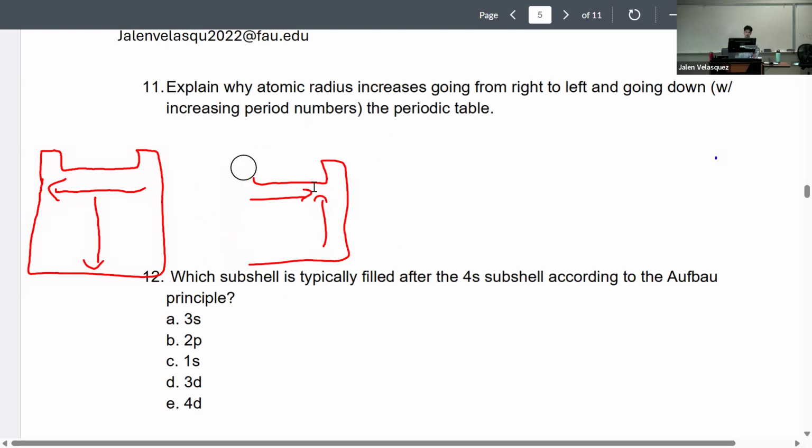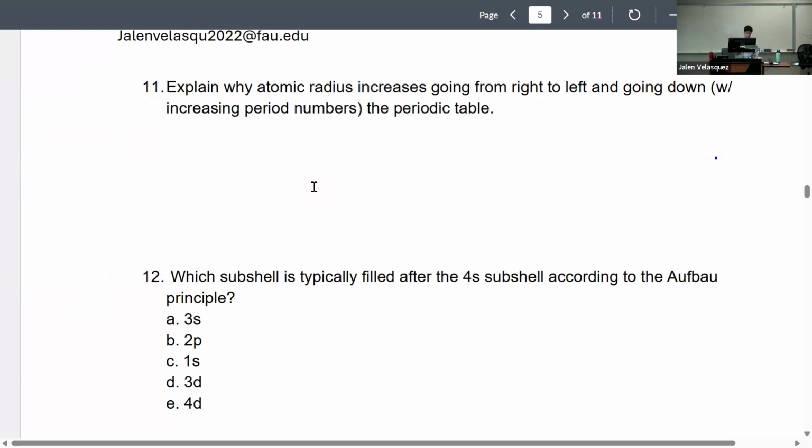So let's first describe, if we go to the right across the periodic table, why is the atom size getting smaller going to the right? Any ideas? Yeah, so more protons, okay? You have more protons.